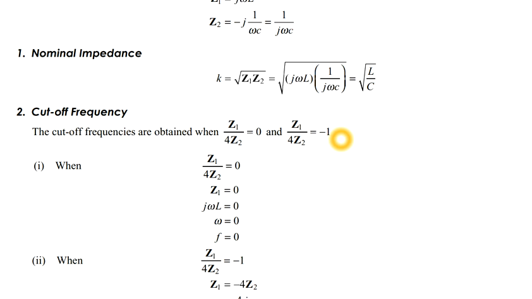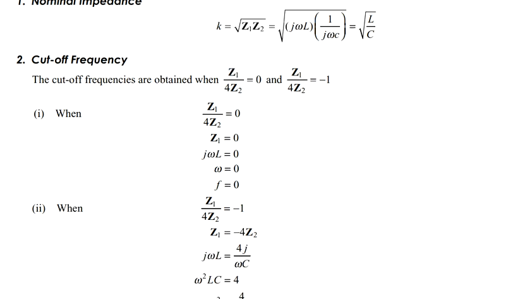That means the end of stop band or starting of the pass band, at these values. So you just go back to the characteristics of filters, where there are significances of pass band as well as stop band where we got these values. Accordingly, when Z1 by 4 Z2 is equal to 0, it means Z1 is 0, that means omega is 0 and f is 0.